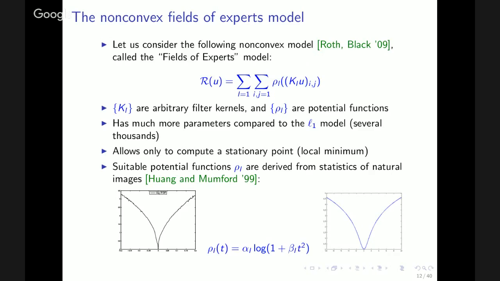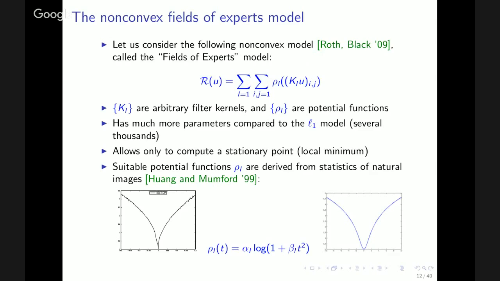These are the so-called heavy-tail distributions. It means most of the regions have no response because they are flat, and there are only a few very sharp edges. You see that this is very different from an L1 norm. The L1 norm is like a V here, and this is a more concave type of function that you can derive from the statistics of natural images.